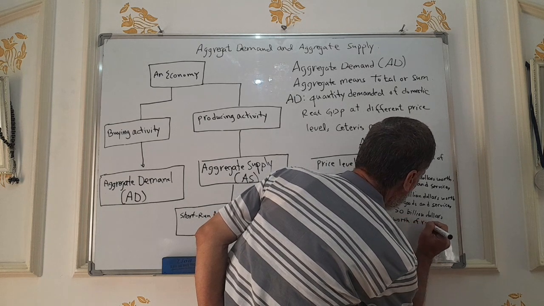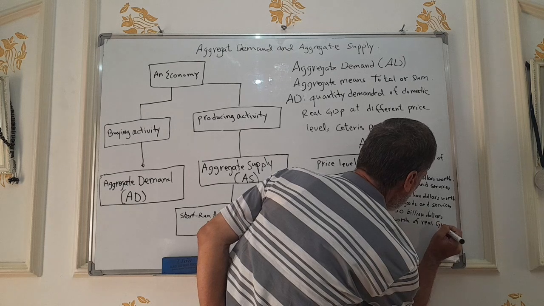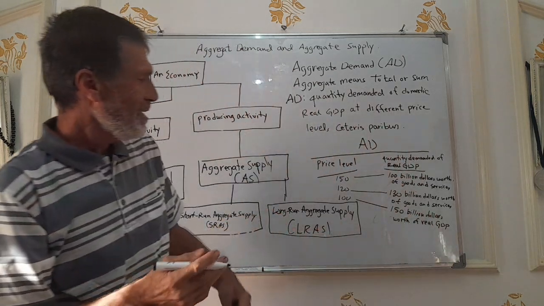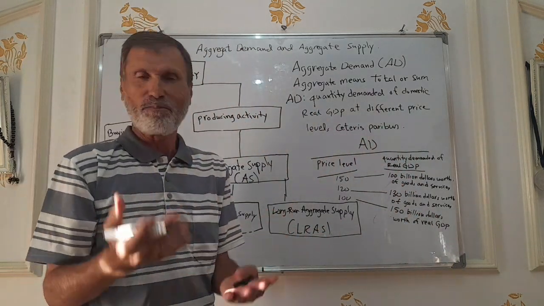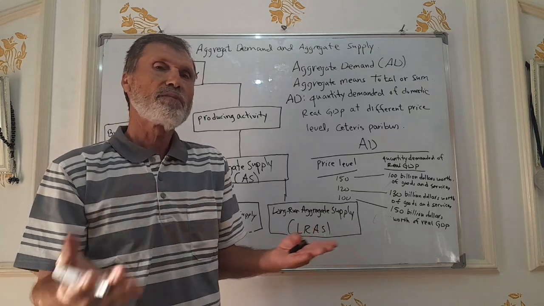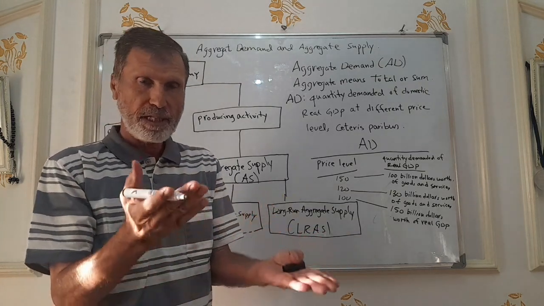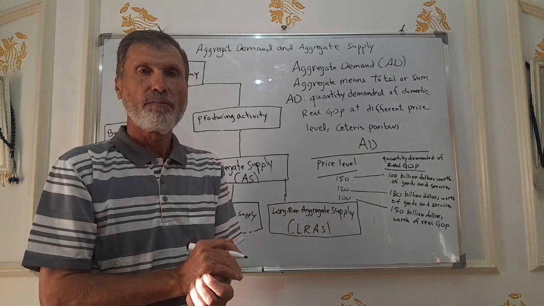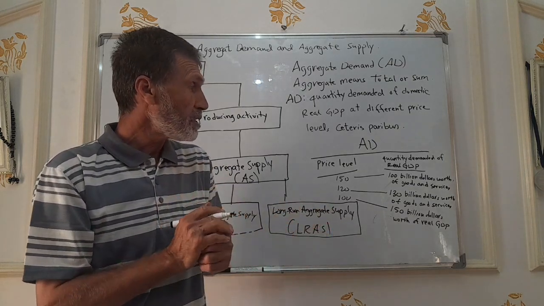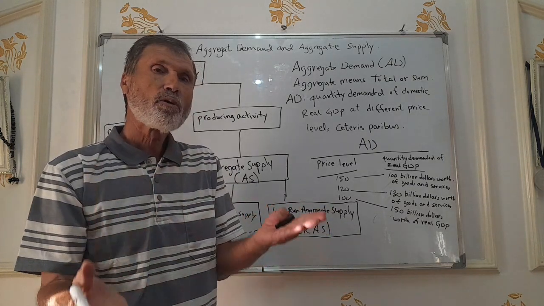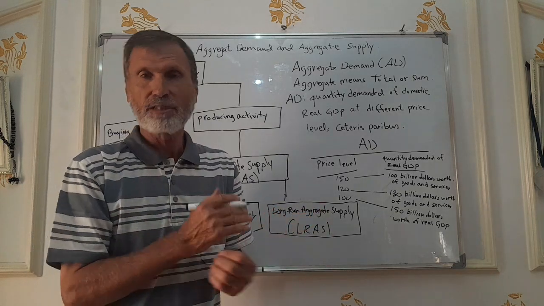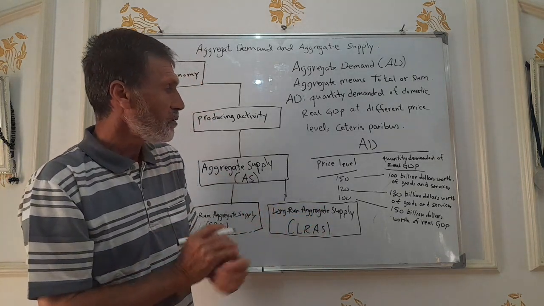So as you can see, we have an inverse relationship between the price level and the quantity demanded of goods and services or real GDP. So there is an inverse relationship between them. And this inverse relationship gives us a downward sloping aggregate demand curve, as you can see in a minute.